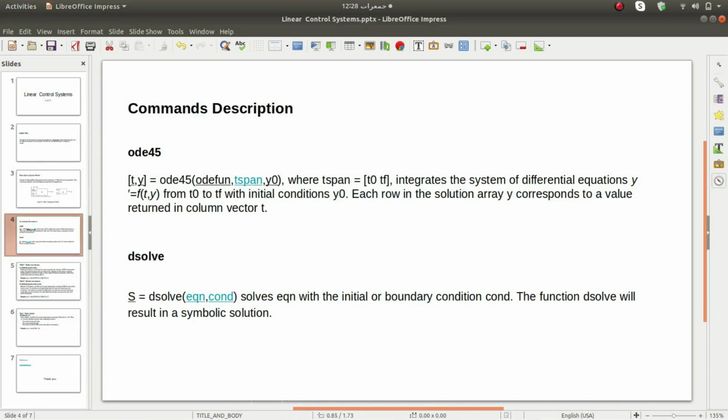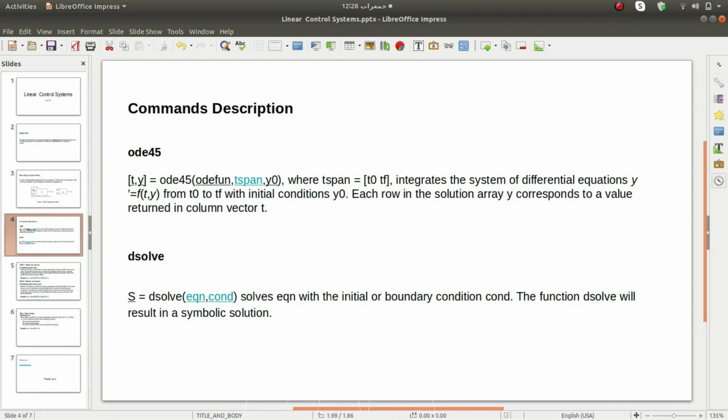ODE45 basically stands for ordinary differential equation. It integrates a system of differential equations with a defined time span. You remember we defined 0 to 125 and 0 to 200 in the two examples. These are the lower and upper limits, with the initial condition y0, and we supposed the initial condition 0 0 in both cases.